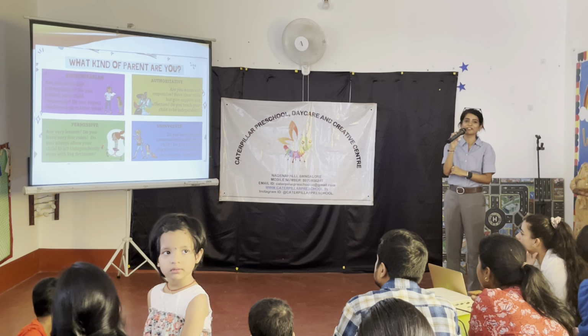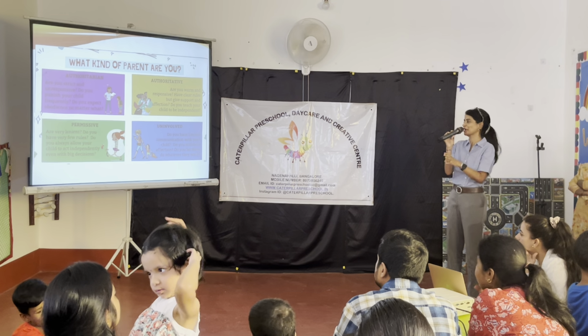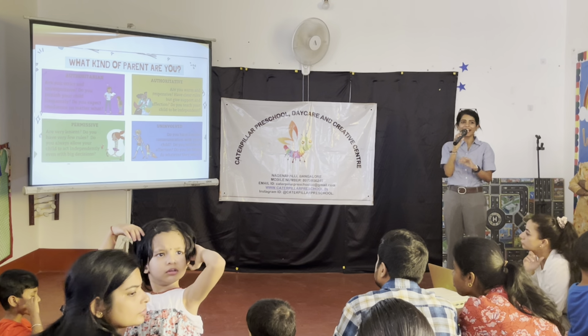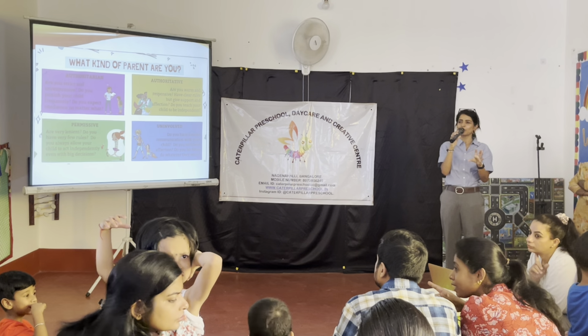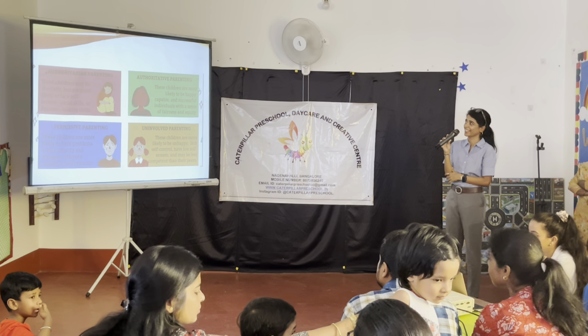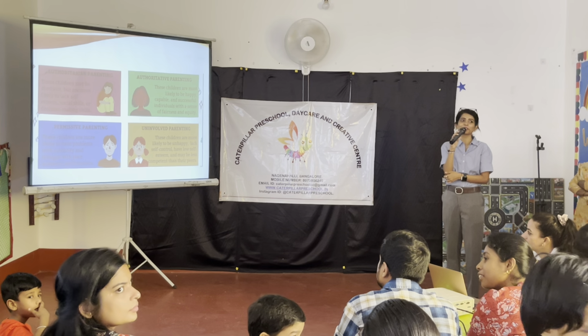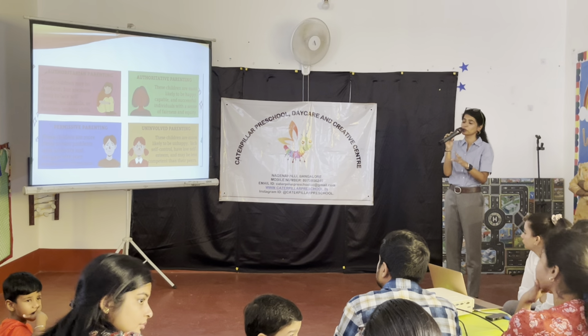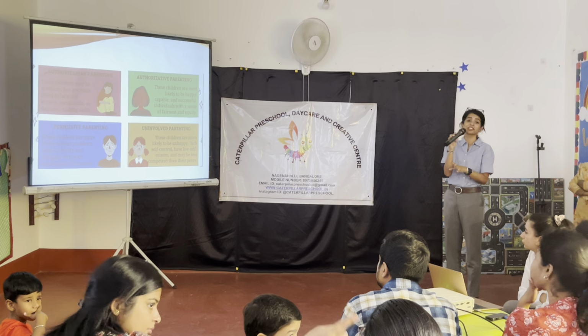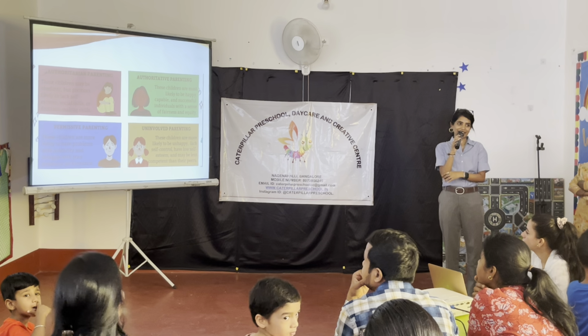So you can identify what category or group of mother you are, and you just have to take this with a pinch of salt, what your child will be like. Next slide. An authoritarian child is usually very obedient, but they lack self-esteem, social skills and decision-making skills.